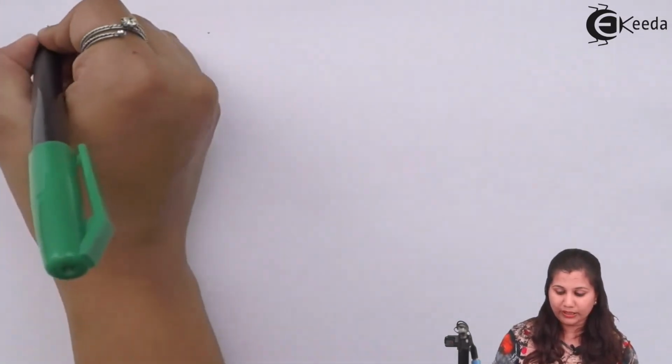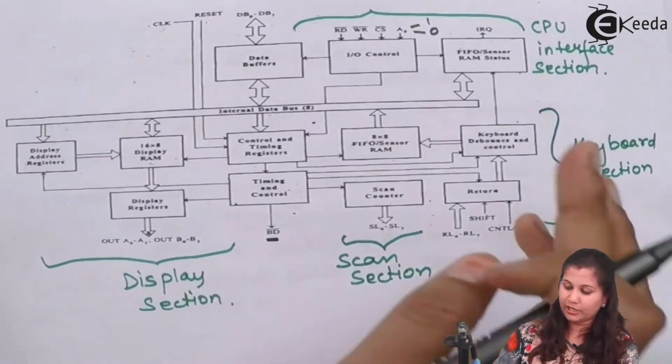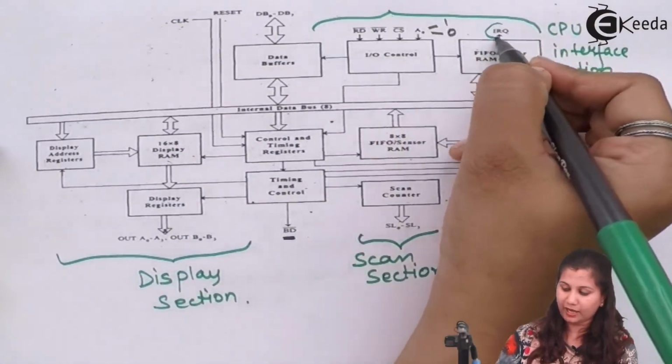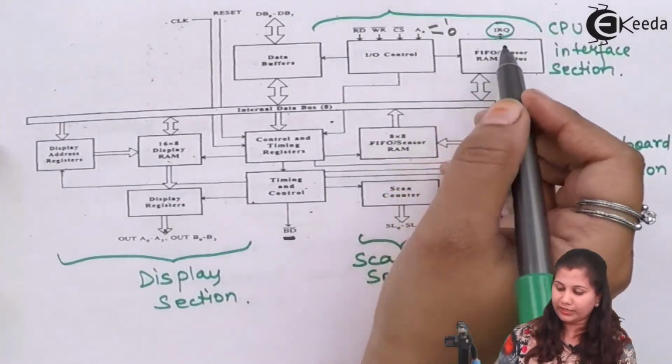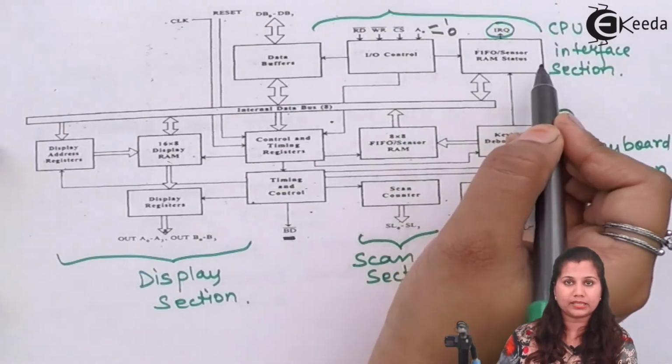Now this CPU interface section also has one interrupt request signal. You can see here we have the IRQ, which is generated by the FIFO sensor RAM status.